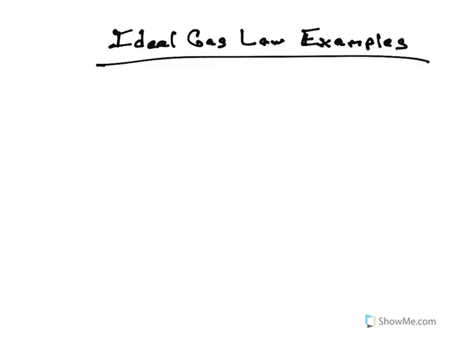Alrighty, so in this video we're going to work out some example problems for the ideal gas law and, of course, those relationships that come from the ideal gas law.